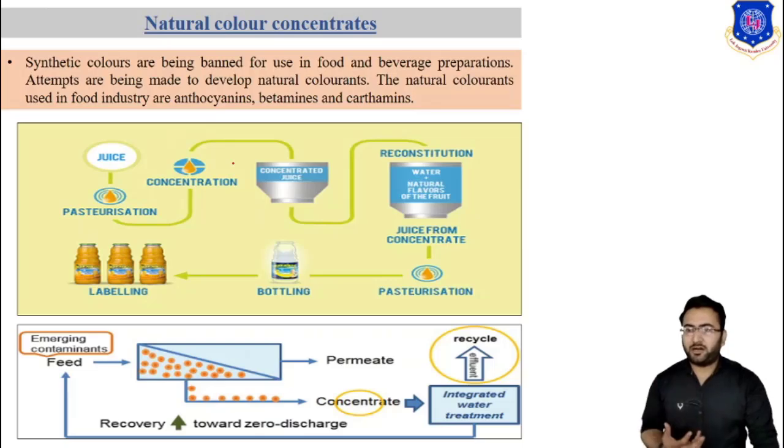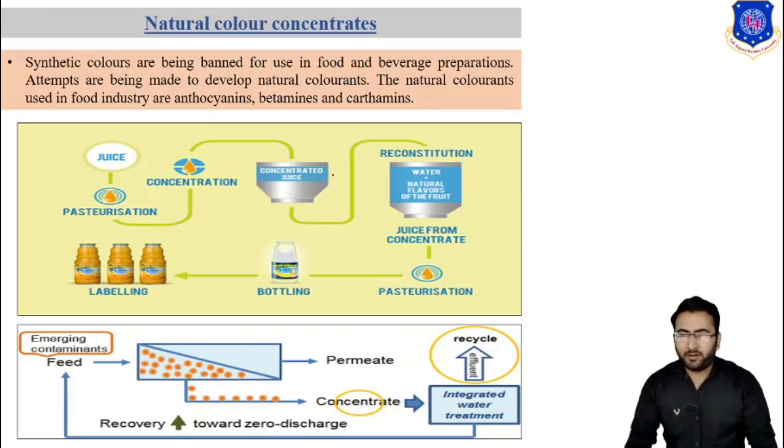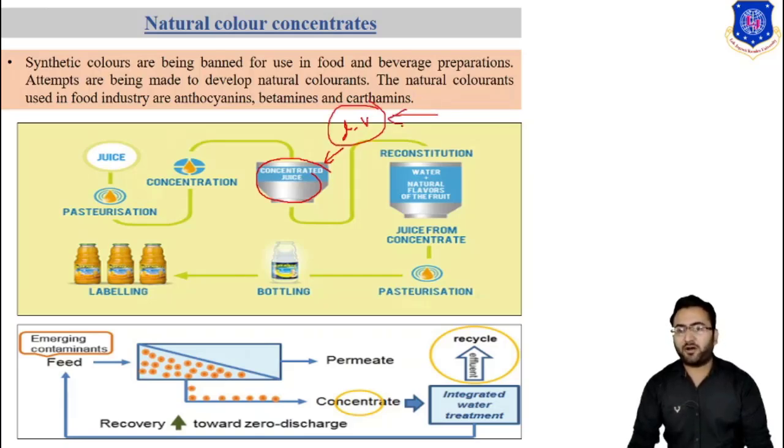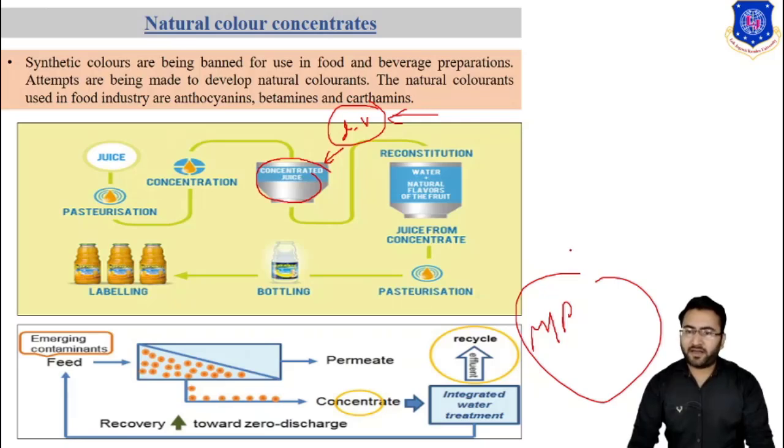In natural color concentration, mostly distillation or vacuum distillation is used as the conventional process. But if we replace this distillation, evaporation or vacuum distillation with a membrane separation process, we get the advantage of energy saving and high purity.